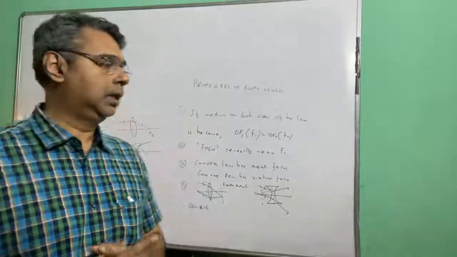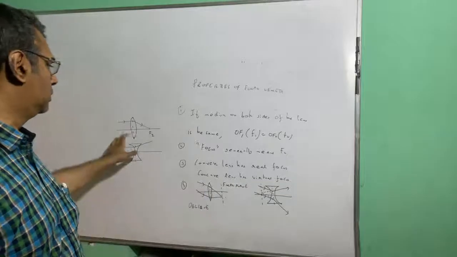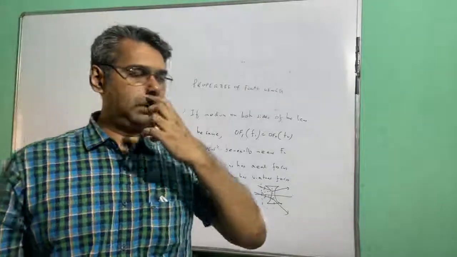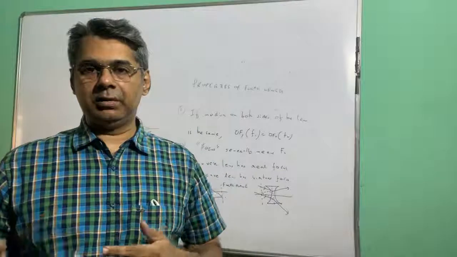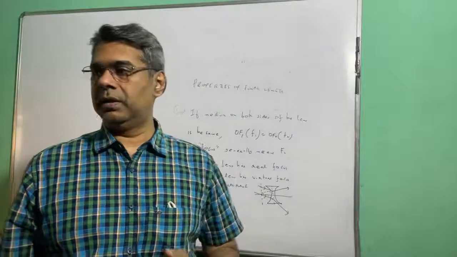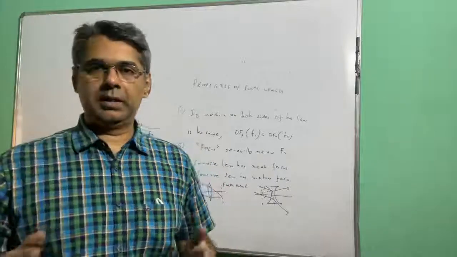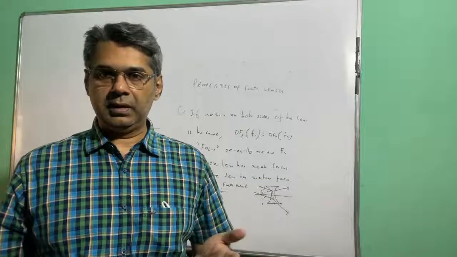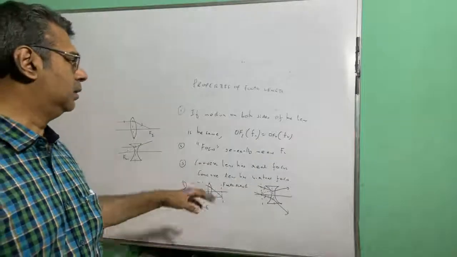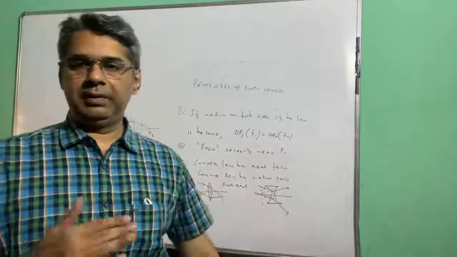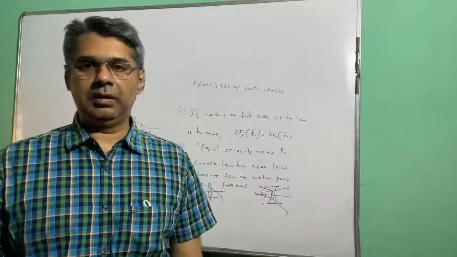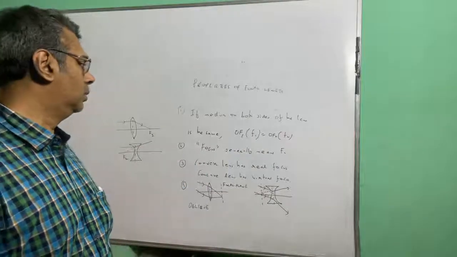If we assume that, and if the lens is equiconvex or equiconcave, that means the radius of curvature is the same for either spherical surface, then the focal length on the left side and the focal length on the right side will always be the same.